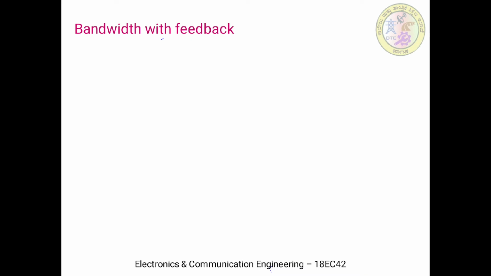The gain of the operational amplifier with feedback is less than the gain without feedback. This is known because AF is equal to A divided by 1 plus AB. Here, the amplifier bandwidth in the presence of feedback is represented as FF.